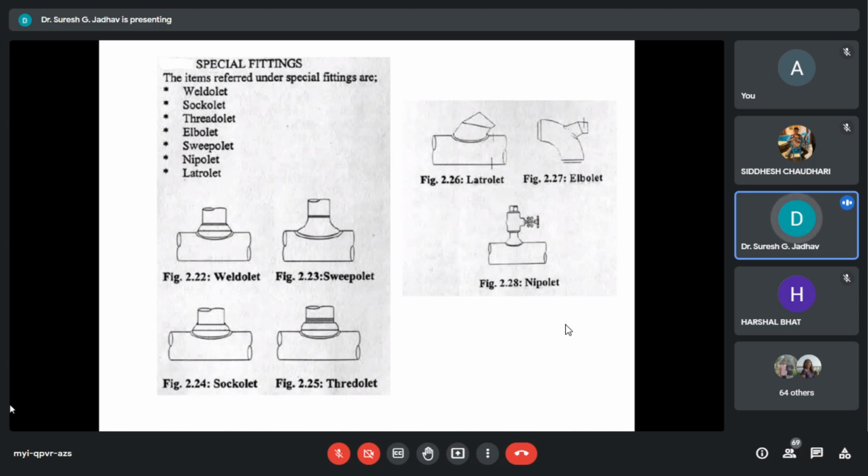Now next is latrolet. Latrolet is used for branch connection at an angle.